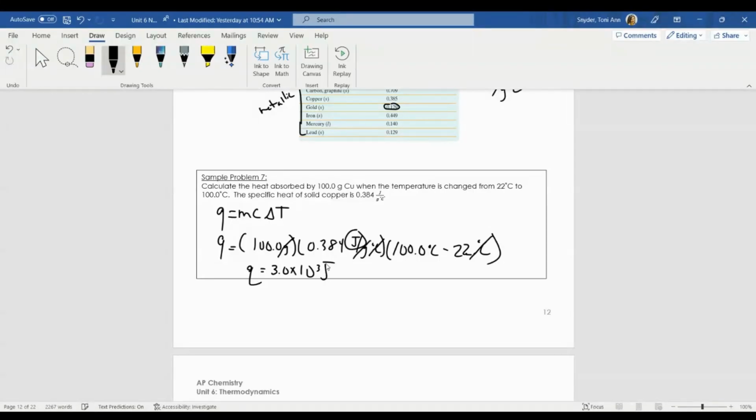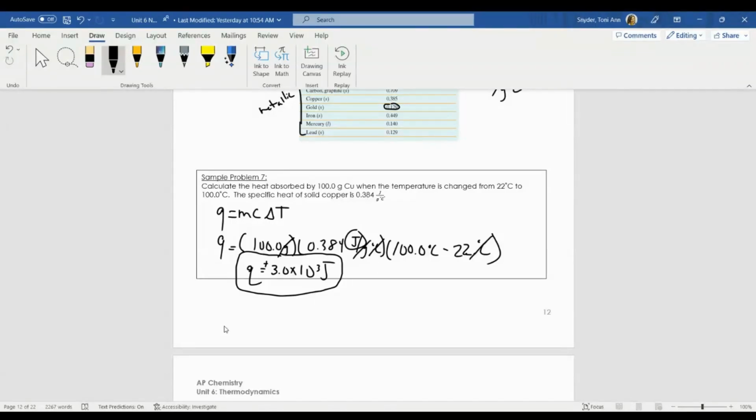So I'm left with just units of joules. I did have to input energy, so this is a positive value for Q, and that's because the temperature changed from 22 to 100. In order to raise the temperature, I had to input heat energy. So it makes sense that Q is positive in this example. I had to put energy into this.